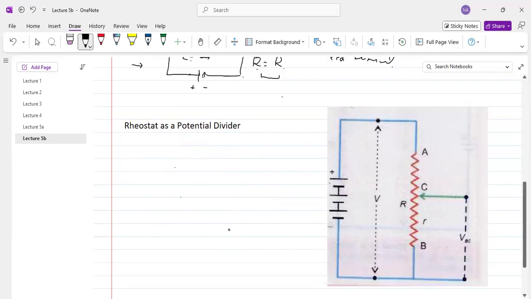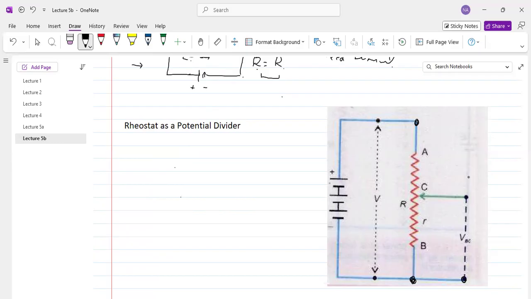This figure is actually taken from your book. You can check this also from your book. For example, here is a rheostat. The A terminal of the rheostat, here is the B terminal of the rheostat, and here is the C terminal of the rheostat.